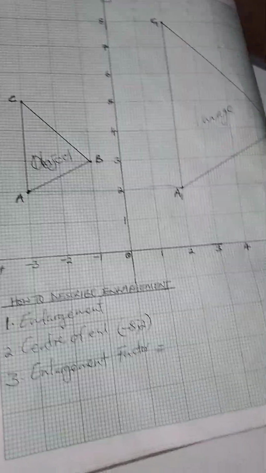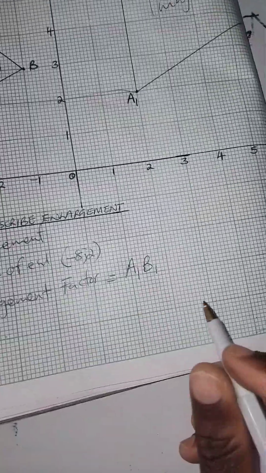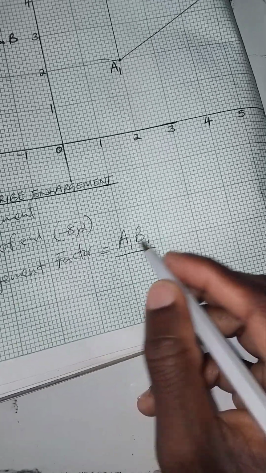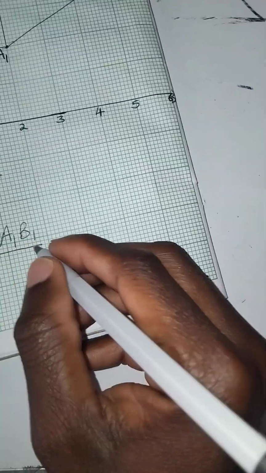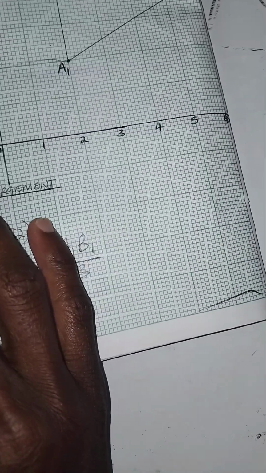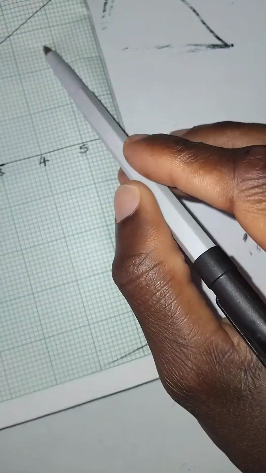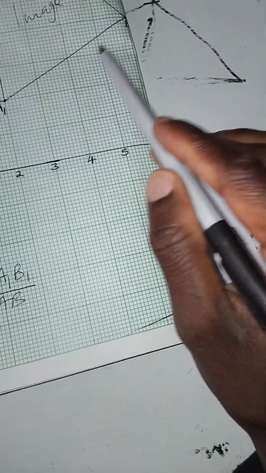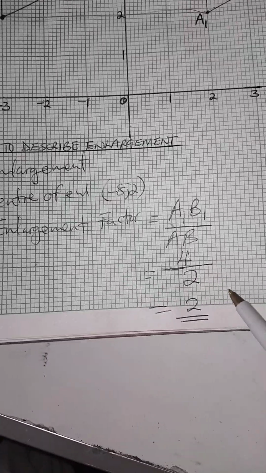Let us take AC, or AB. You take image points over object points, so A1 to B1 over AB. From here to here there are 1, 2 boxes, and on the image side 1, 2, 3, 4, so we count 4. So 4 over 2 is equal to 2. So our enlargement factor is 2.